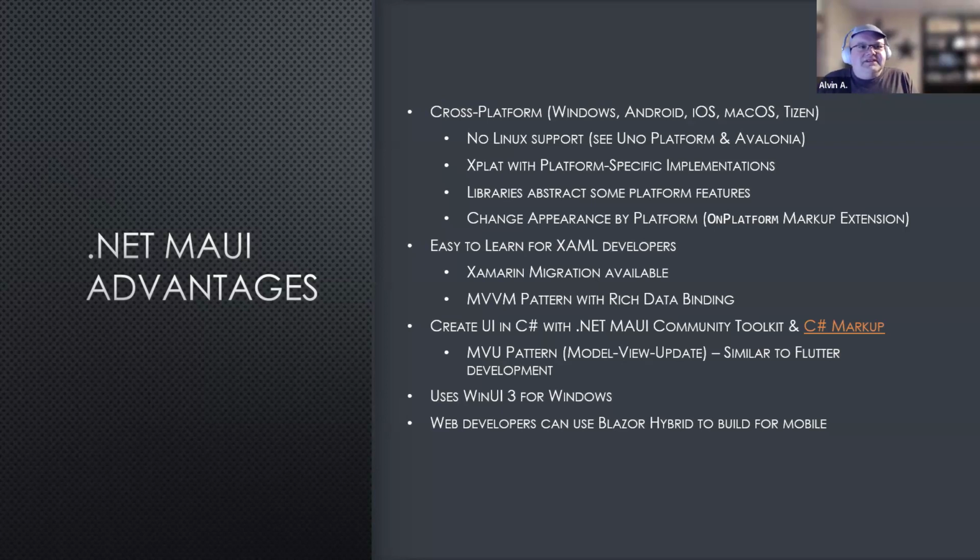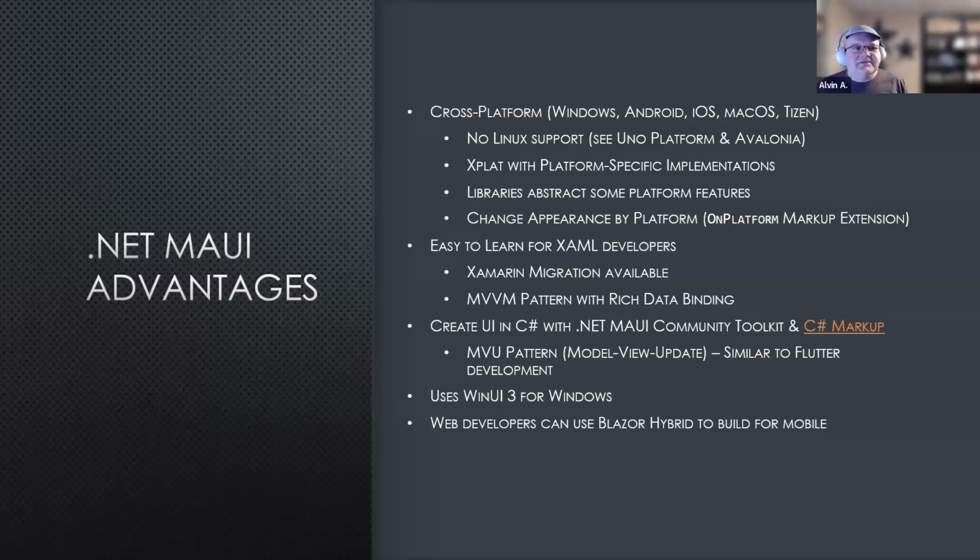With MAUI, you can create a single code base to target all of those supported platforms, and you can create platform-specific code if you need to access any native functionality. And MAUI also has some common wrappers to wrap some of the device functions, like accessing file systems, cameras, those common things that are different across device implementations.